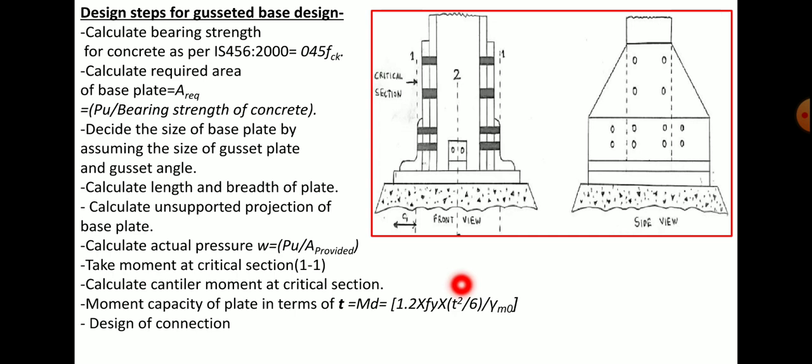So I by Y we are directly getting as t square by 6, and that is nothing but your section modulus. So in this particular equation, Fy is the yield strength, t is the thickness which is to be calculated for this base plate, divided by 6 and divided by gamma m0, partial safety factor 1.1. Now equating this design strength with calculated moment, you are going to get the thickness which is required for the base plate in case of gusseted base plate designs, correct?